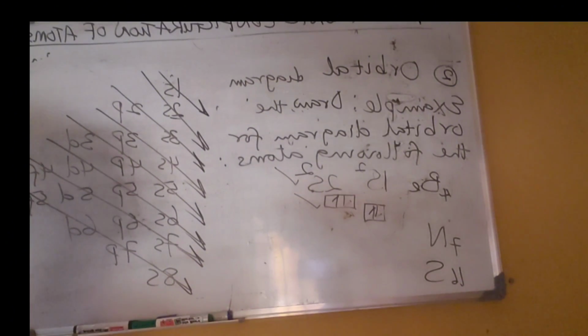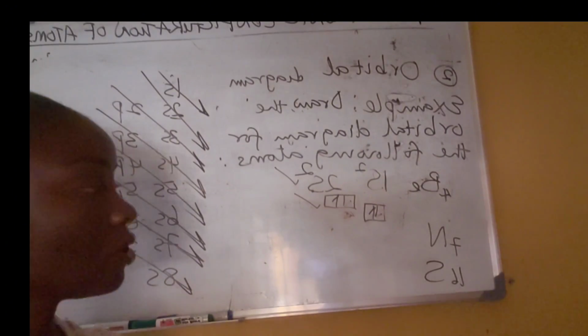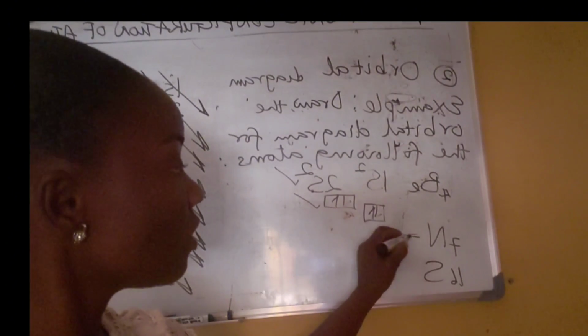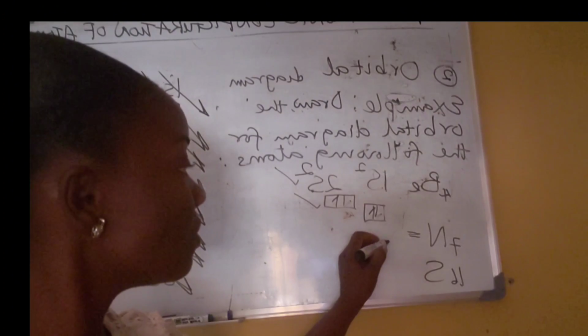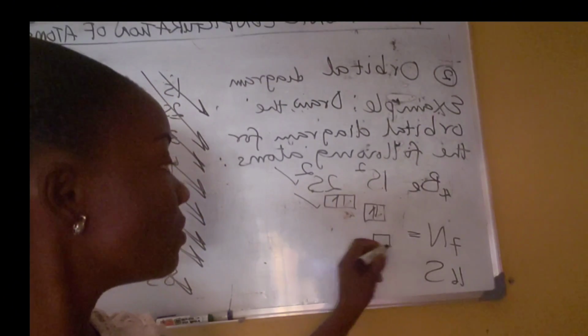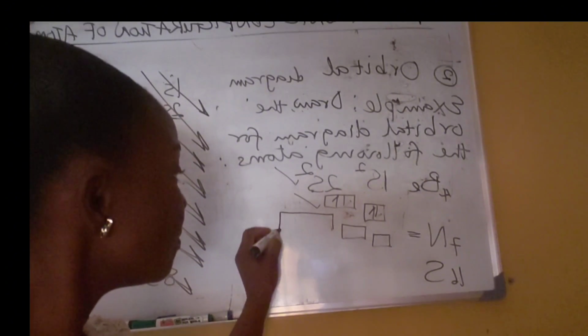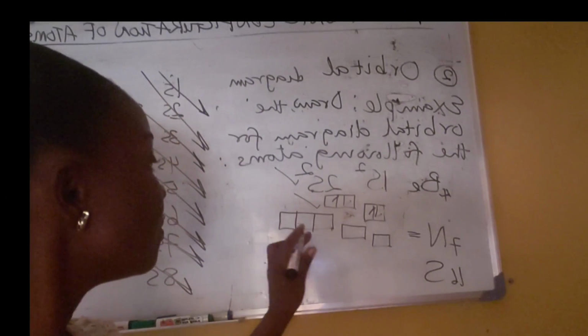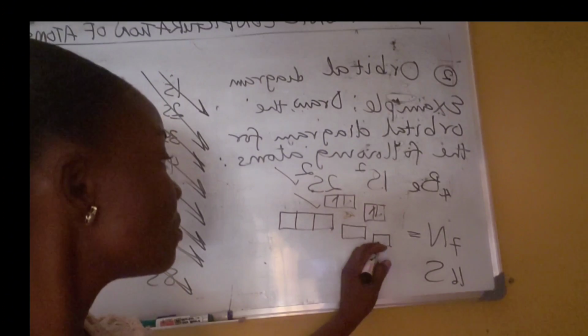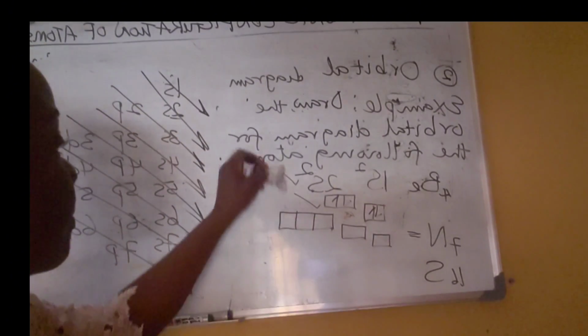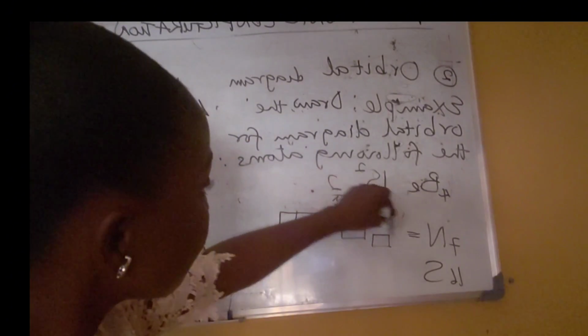So next, let us draw for nitrogen. So this is 1s. Let me clean this so that we can see.